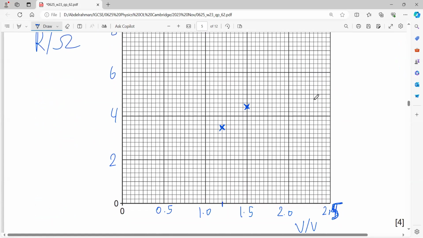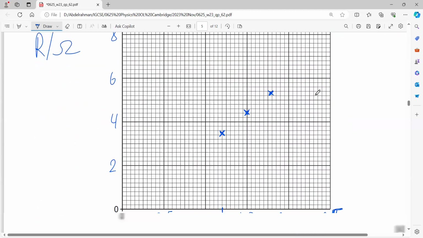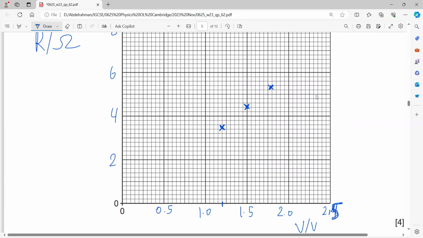Then 1.8 and 5.3. Here is 1.8 and 5.3. Okay. Then 2.1 and 6.2, just one square above the 6.